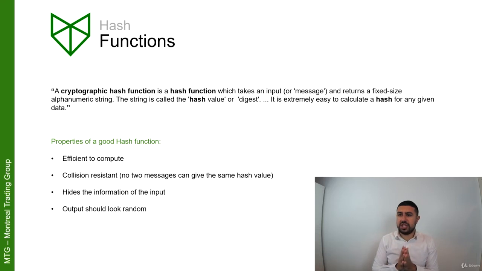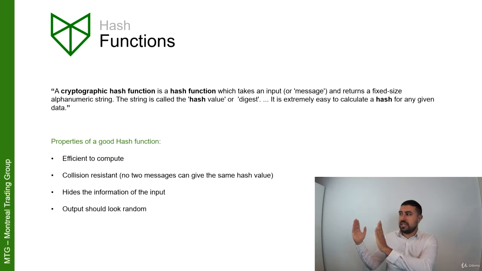The definition is that a cryptographic hash function is something that takes an input. That input could be a message, like a string, a word, a number. It could be a file, a dictionary, any type of object. It takes it, does some computation with it, and returns a fixed size alphanumeric string.